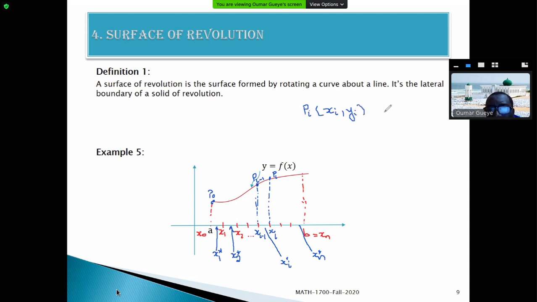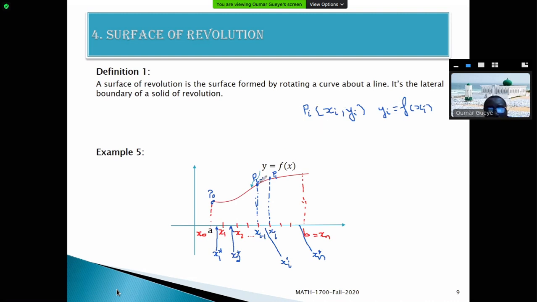And since the point is on the curve, yi is going to be f of xi, because the point belongs to the curve. As you know, if you have any point on the curve, there is a connection between the x coordinate and the y coordinate of that point. That's exactly what you have here. The reason why yi is equal to f of xi is because this point pi is already on the curve.